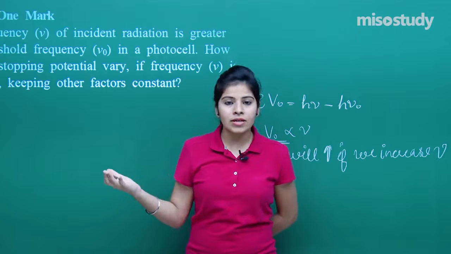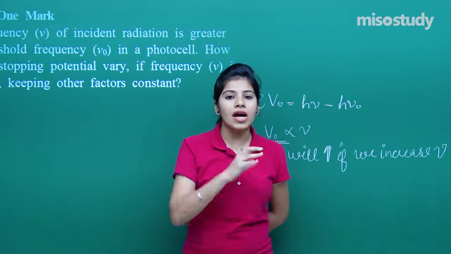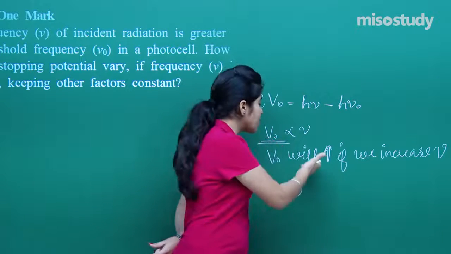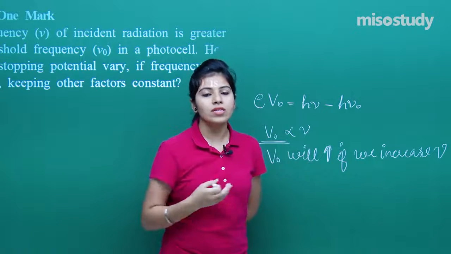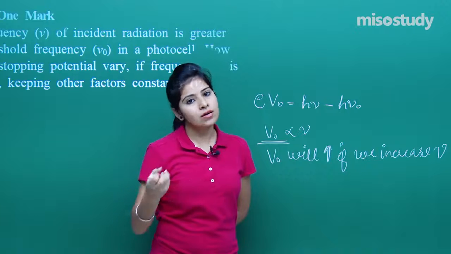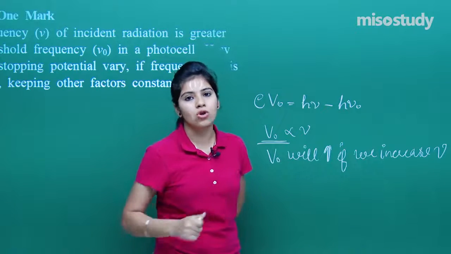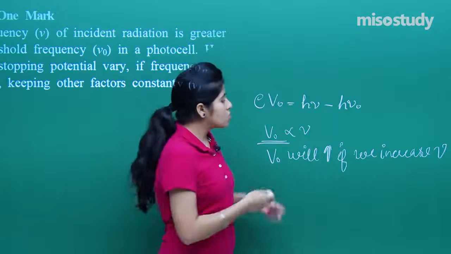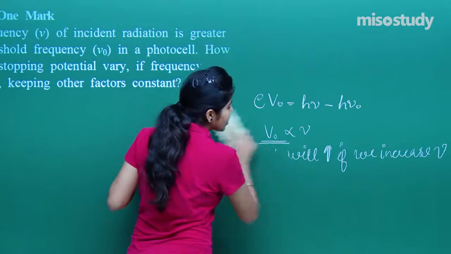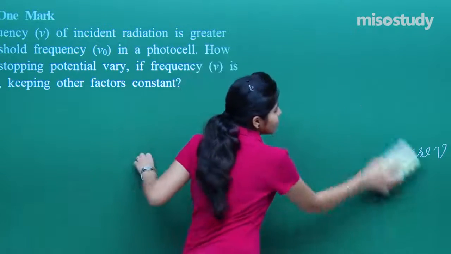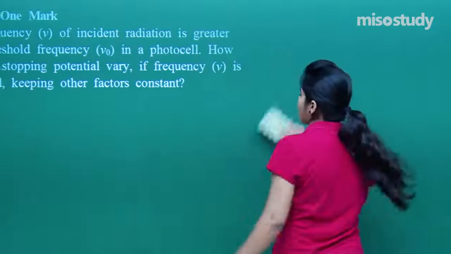So, it is a direct relation: more frequency means more energy, since E equals h nu, and more stopping potential. This is the 1 mark answer, a direct relation between the frequency and the stopping potential.